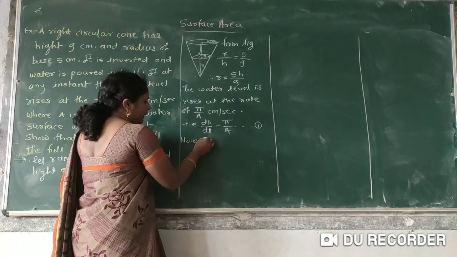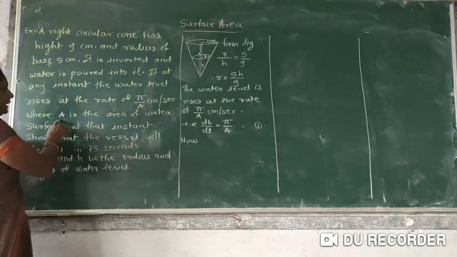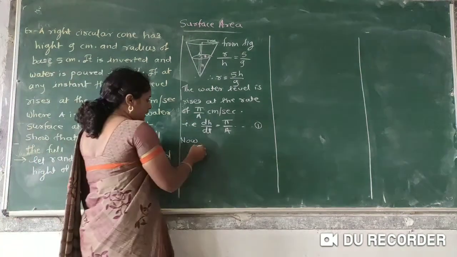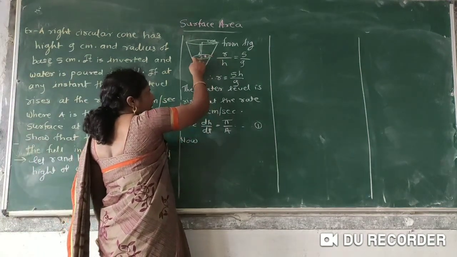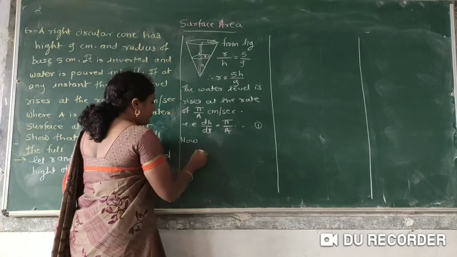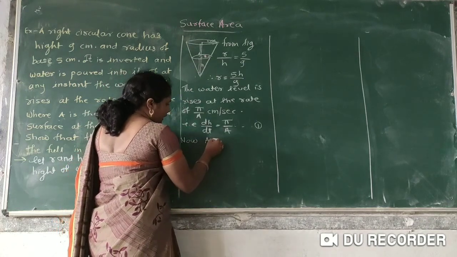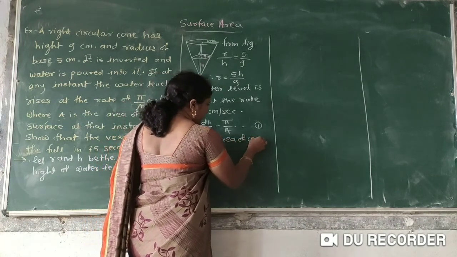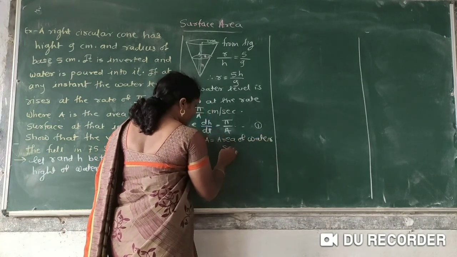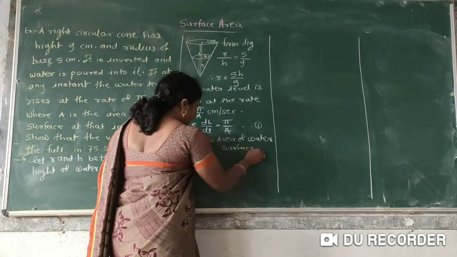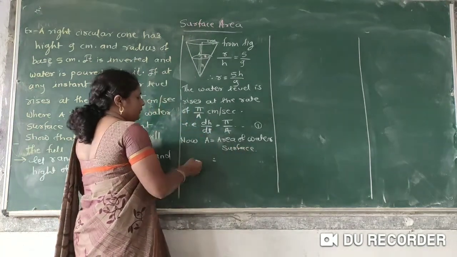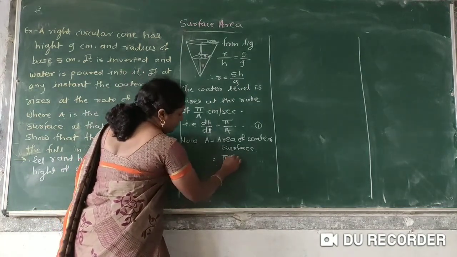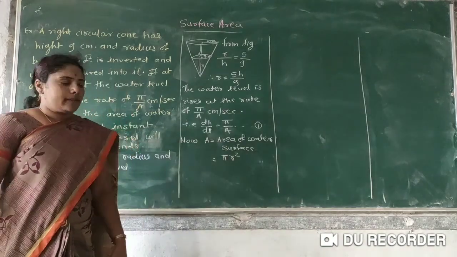Now area A is given. A is the area of water surface, which is the circle whose radius is R. Therefore, A is equal to pi R square.